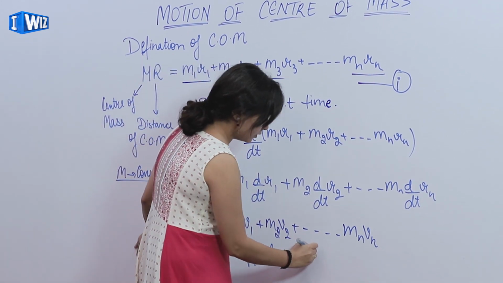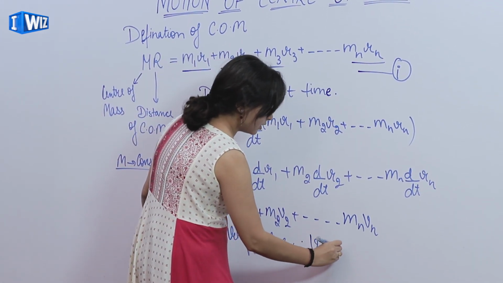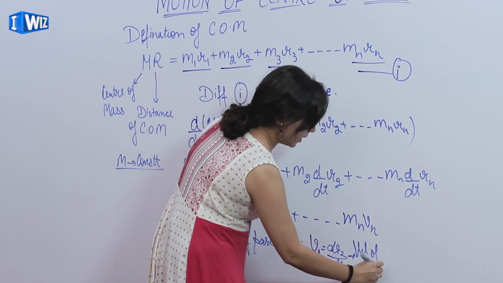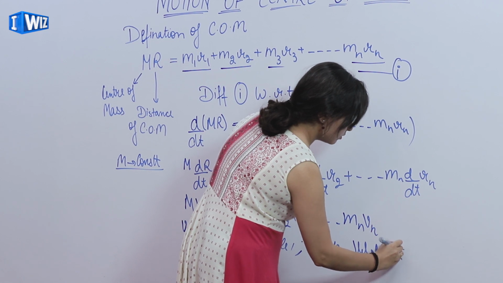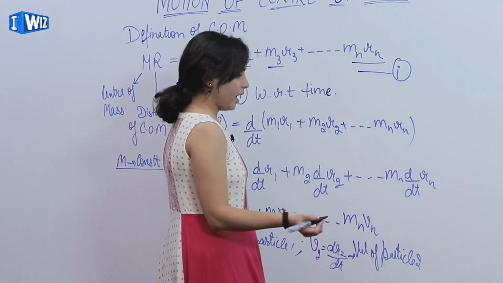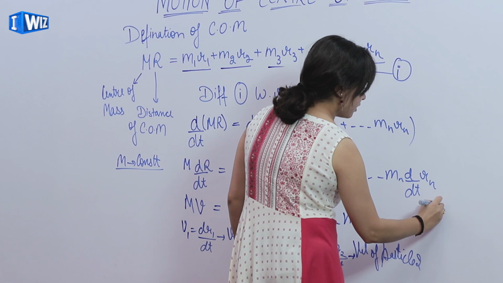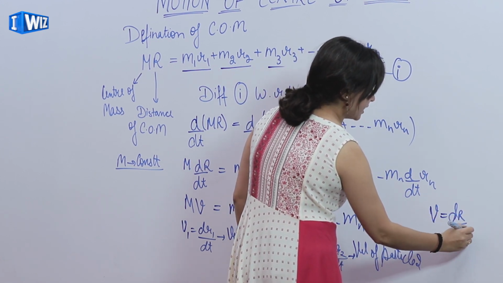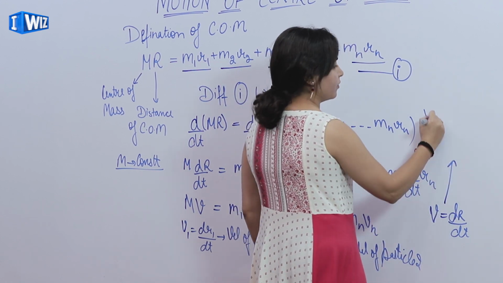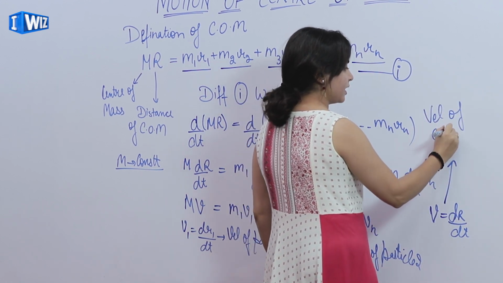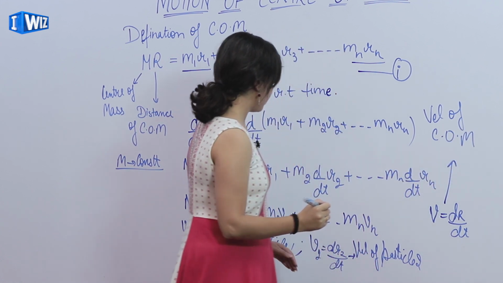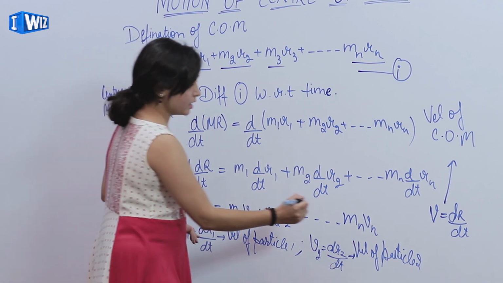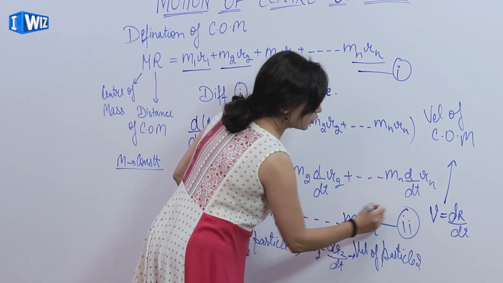Similarly, v2 is equals to dr2 upon dt. This is velocity of particle 2, and capital V is equals to dr upon dt. This is velocity of center of mass. So on differentiating this equation, we get this equation. Say this is equation 2.